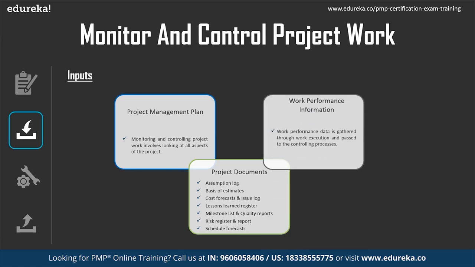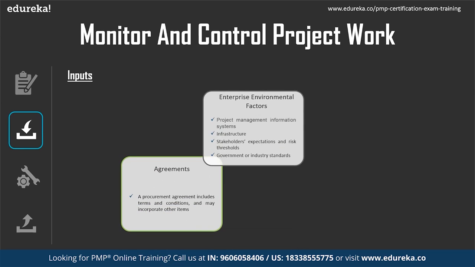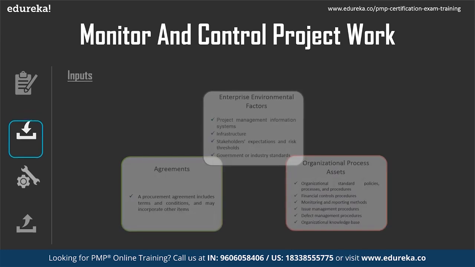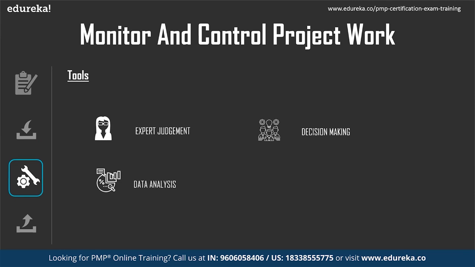Work performance data was an input earlier, whereas here we see work performance information, which is basically processed data in the specific context of monitoring and controlling project work. Other inputs may be agreements, enterprise environmental factors, and organizational process assets. Tools used are expert judgment, decision making, data analysis, and meetings.